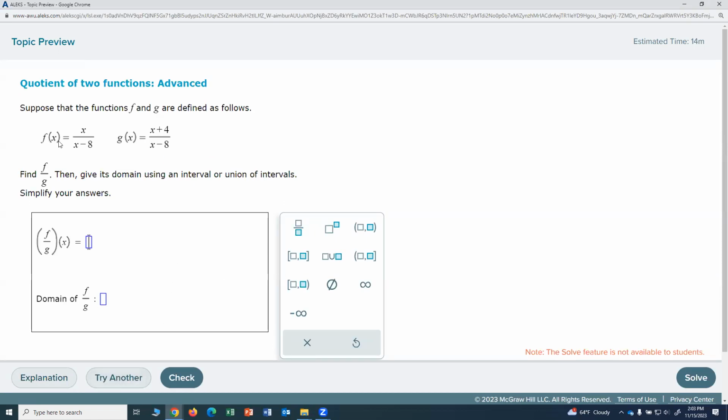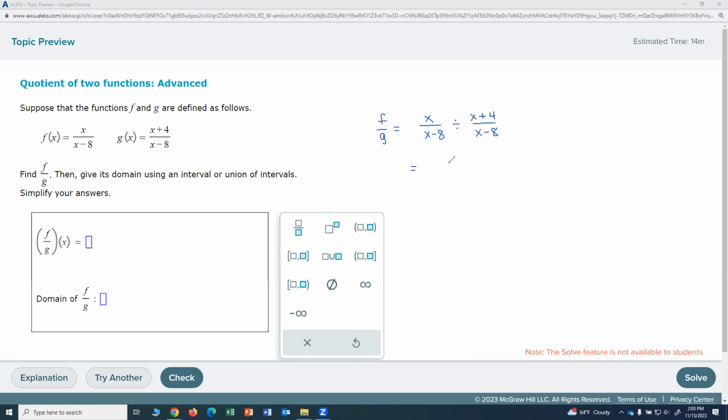Okay, so we have f of x equals x over x minus 8, and g of x equals x plus 4 over x minus 8. So let's go ahead and find our f over g. That's what they're asking for. So we're going to have f over g equals x over x minus 8 divided by x plus 4 over x minus 8.